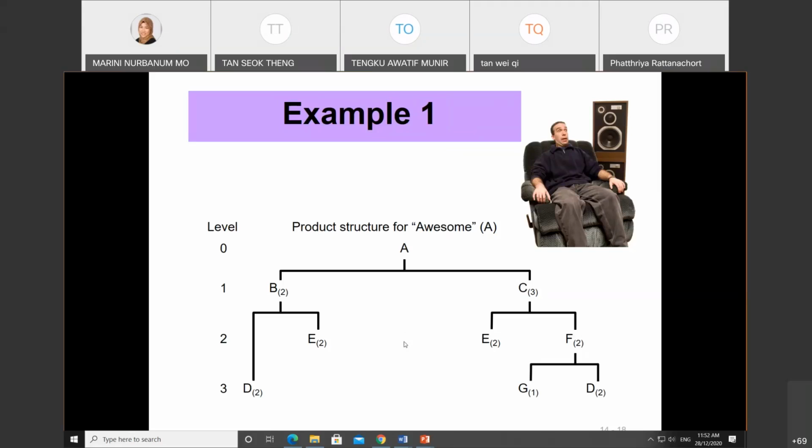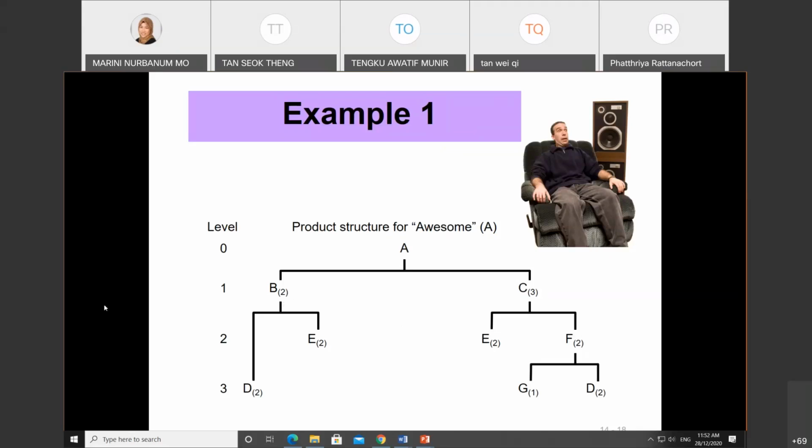Now, for net requirements plan, you should have original gross 50, on-hand inventory 10. So A is now how much? 40. Because A is 40, we look at the first level.